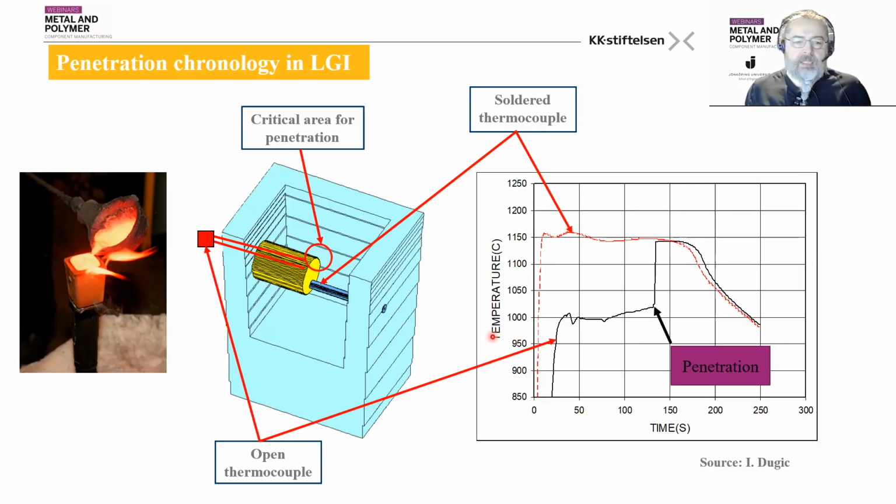And the open thermocouple will show wrong values during the recording process until this point when the penetration happens, and the thermocouple circuit will be closed due to the penetrated metal, and it starts to measure somewhere in the middle of the eutectic reaction, demonstrating that the penetration happens at this moment.